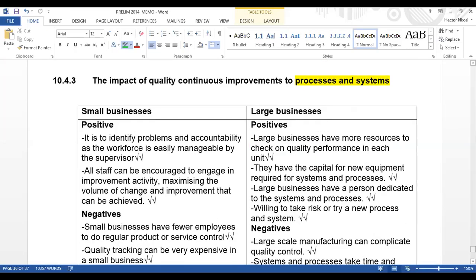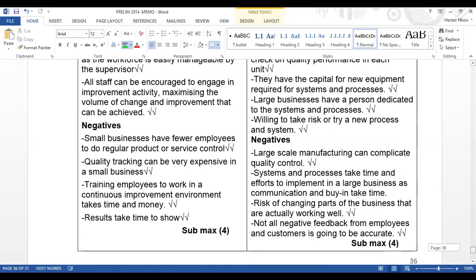All right, last one. The last one now is the impact of quality, continuous improvements to processes and systems. With this last one, guys, you have to unpack this. This is very important, guys. It's going to help a lot for your exam.